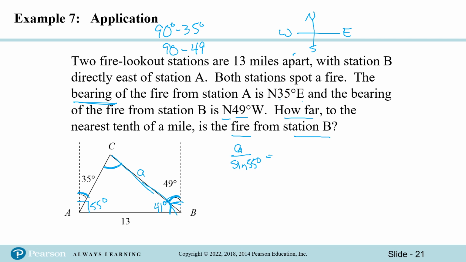So 180 minus my 55 minus my 41, C is going to be 84 degrees.